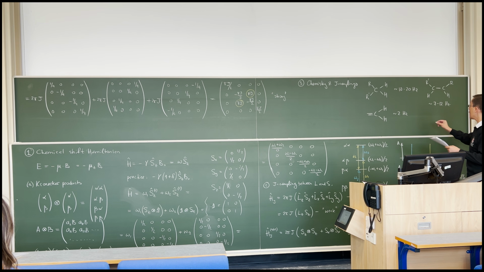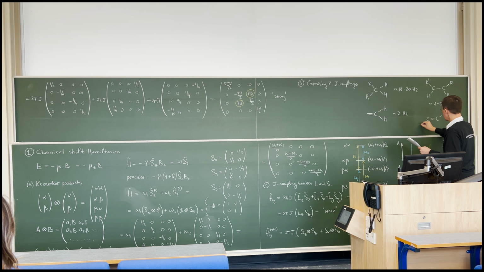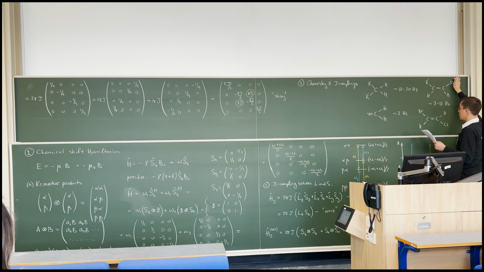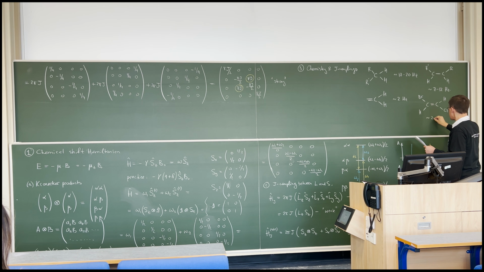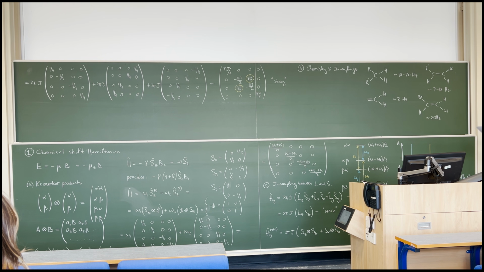However, across, if you have, for example, H, then H, and then say chlorine, and then bromine, a molecule like that, then it's around 20 hertz again. That is because the overlap is significantly stronger between the orbitals, which are in this case responsible for the J-coupling being there. If we have heteroatoms, they become significantly stronger.